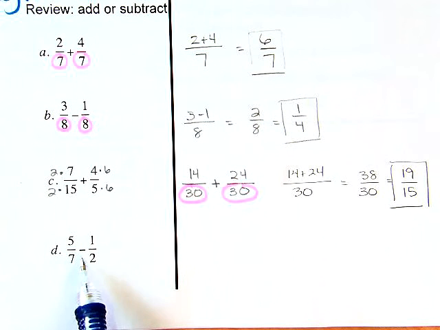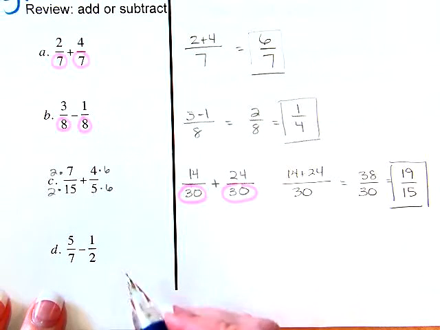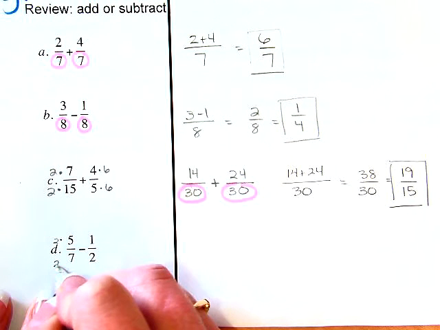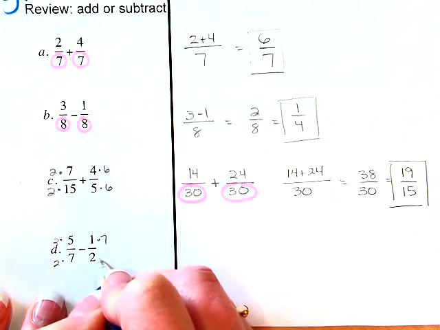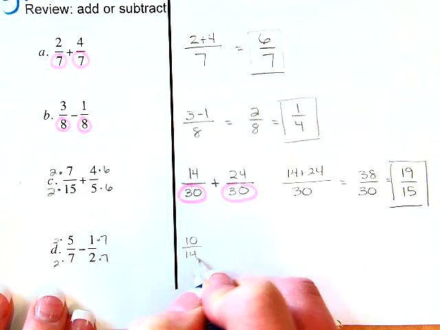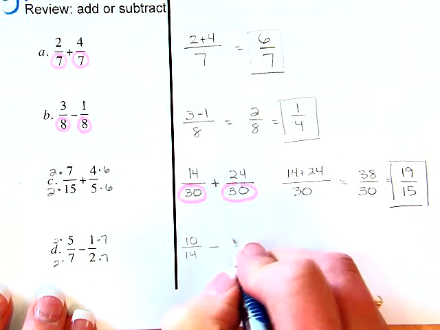So here again, we have a 7 denominator and a 2, and so 14 is going to be the common denominator, least common denominator. So I'm going to multiply this by a 2 over a 2, and then this by a 7 over a 7. So I get 10 over 14 minus 7 over 14.